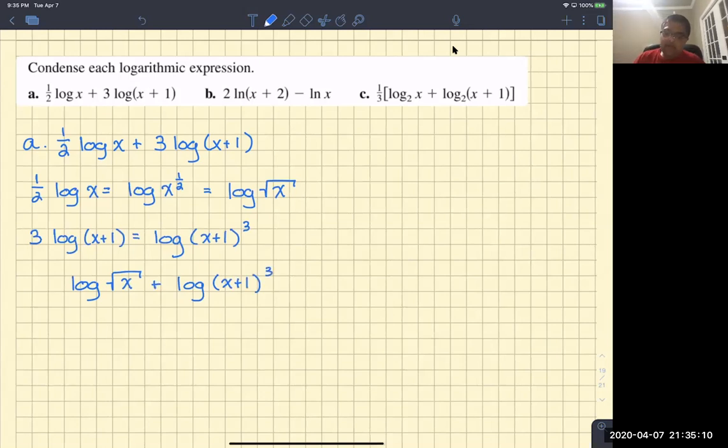Now, we still have two logarithms in our expression, so we still have to do more condensing to rewrite this as one log. So how do we do that? Well, remember the product rule. The product rule says I can write the addition of two logs as one log. So this is the log of the square root of x times x plus 1 cubed.